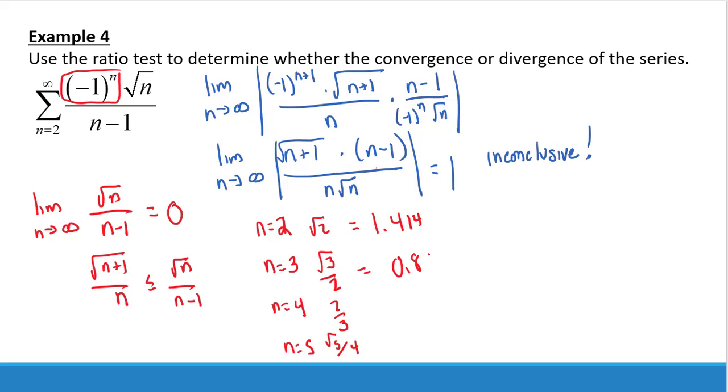Square root of 5 over 4 is 0.559. So our values keep getting smaller and smaller. Then we can say that this converges, since it meets both conditions, by the alternating series test.